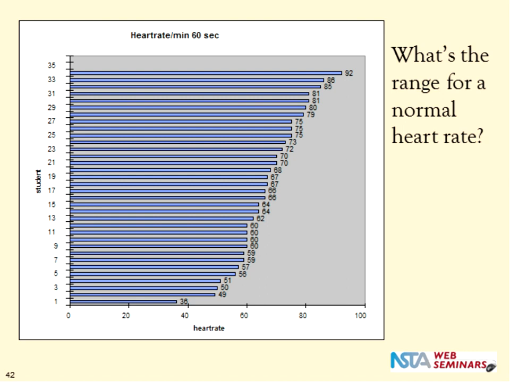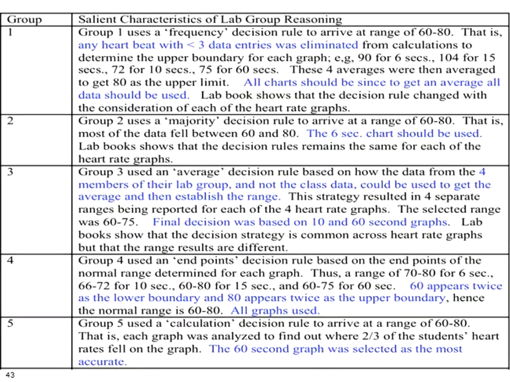Just to give you a sense of what can happen when you allow children this time to analyze the data, this graph shows the results of 5 different groups who came up with, in highlighted blue, 5 different strategies for answering the question, what is a normal range?